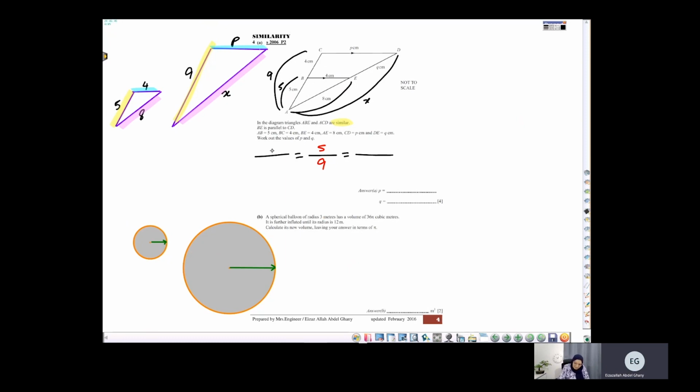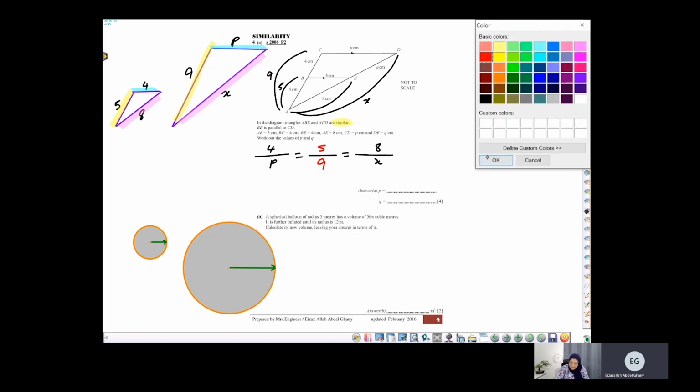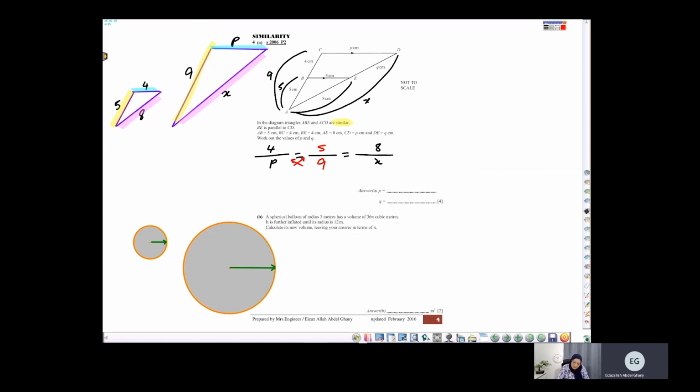So now I'll write here 4 over P and here 8 over X. We just say fraction equals fraction, then cross multiplication. On the left hand side, we are concerned to find P. On the right hand side, we are concerned to find what? X.